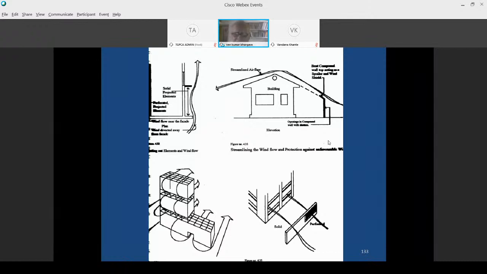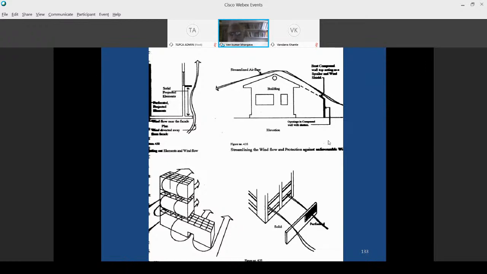One more, the left-hand side top sketch. This is a plan. In plan, friends, wherever we have projection of the wall beyond the side wall plane, for example, we have other types of projections also in the form of louvers, fins, etc., for various reasons.